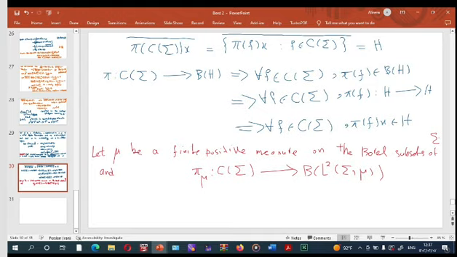Okay, by this function rule, for any f in C of sigma, we know that P mu of f must be an element of this, so that must be a function from L2 to L2, so we must define the action of this function on any element in L2.